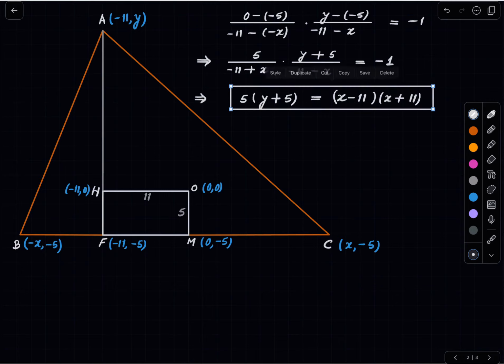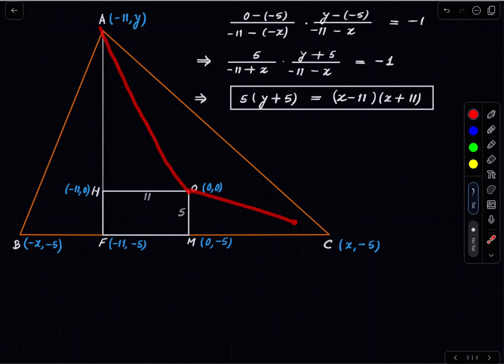So that is one equation, but one more equation we can easily get because O is the circumcenter. So this distance is the same as that distance. The circumcenter has this property that it is equidistant from the three vertices of the triangle. So just using that gives us the distance between O and A squared is y square plus 11 square.